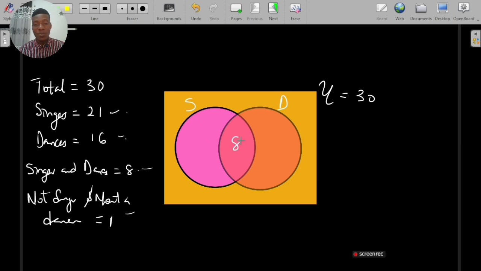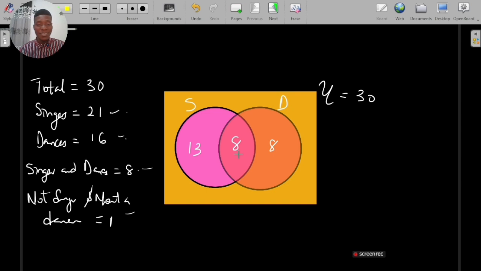This 8 is supposed to be here. 21 already included 8. When you take away 8 from 21, you get 13. When you take 8 away from 16, you get 8.